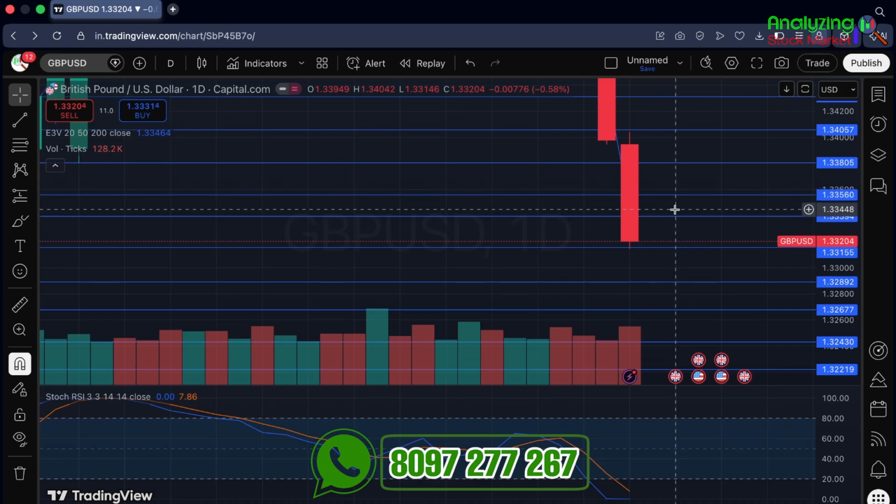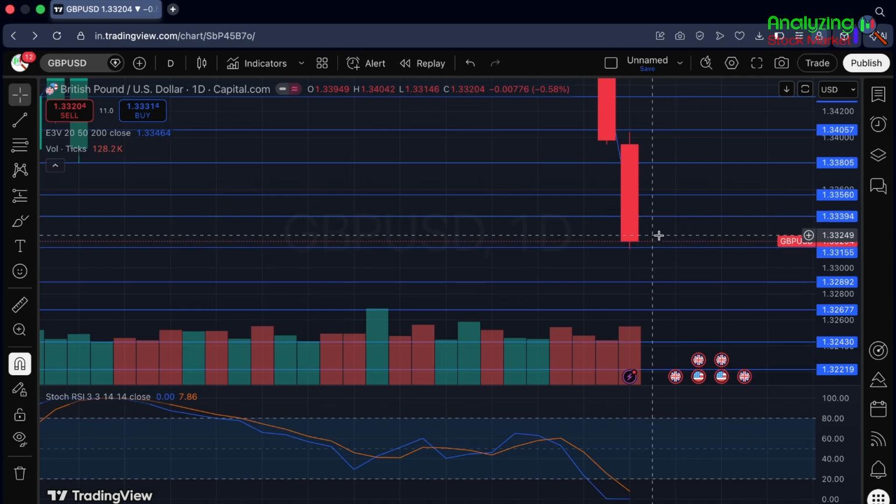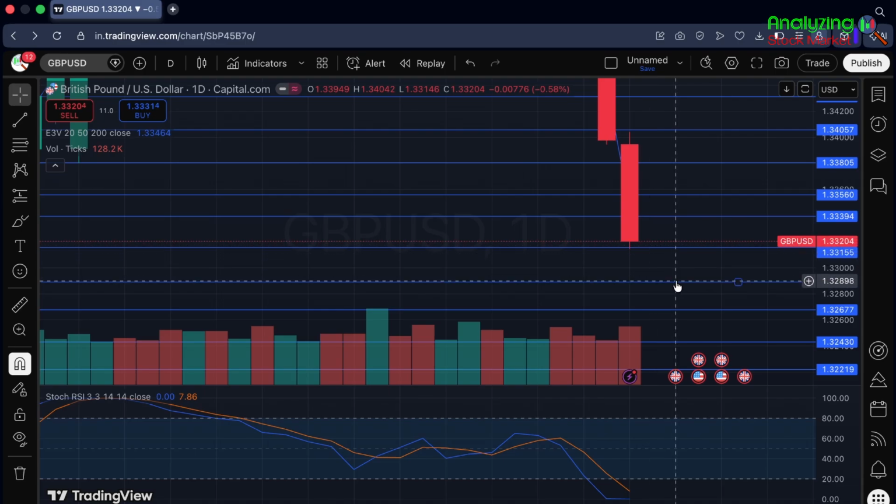But if you are going for any short trade, then only go for a short trade once 1.33315 gets breached and a 4-hour or 1-day candle gets closed below this level. Then you can go for a short till this level, and you can still wait for a 4-hour or 1-day candle closing once this level also gets breached, and then go for a target till this level.